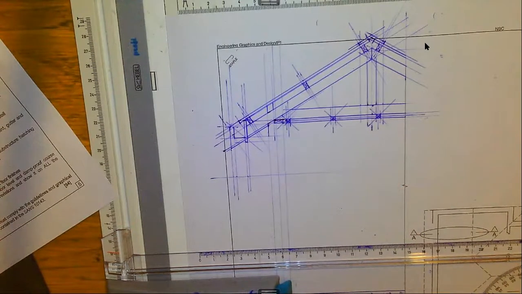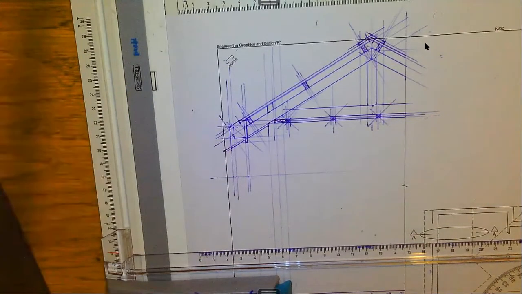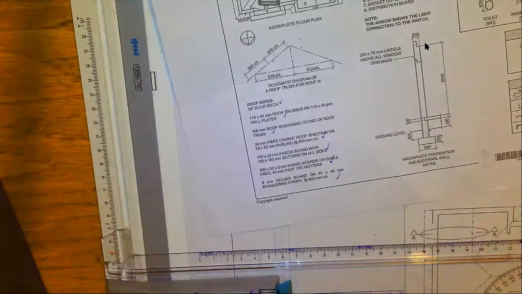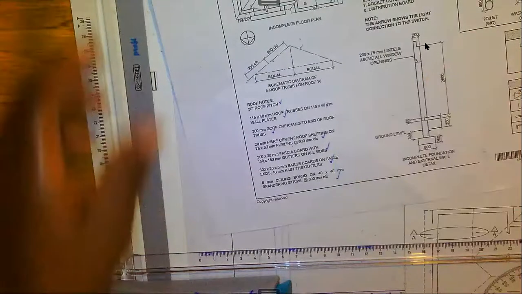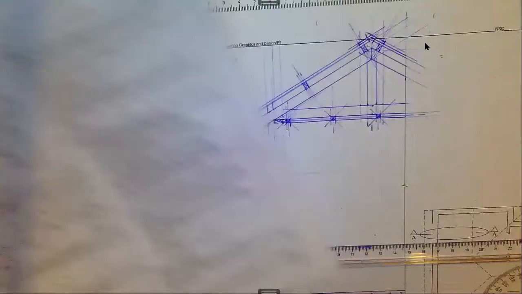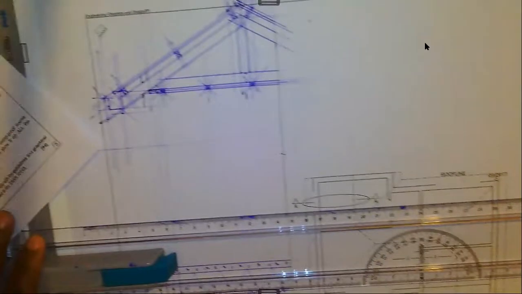Right, we are done with the roof. I can even confidently tick this part and say, right, in terms of the information with regards to the roof. And how many marks do you expect for the roof? Let's just go to the rubric and check.